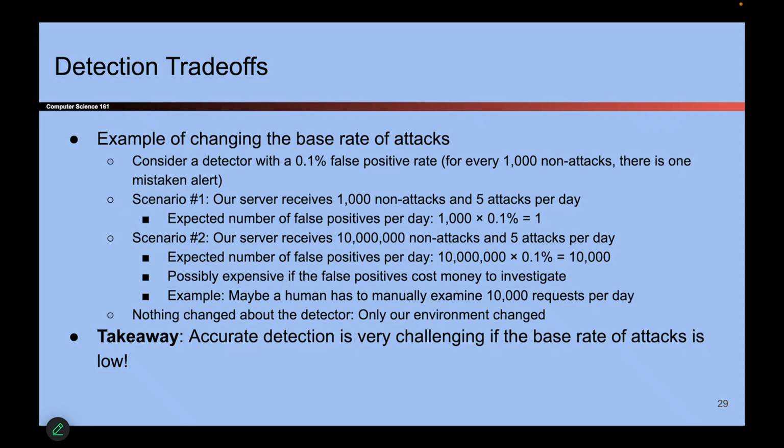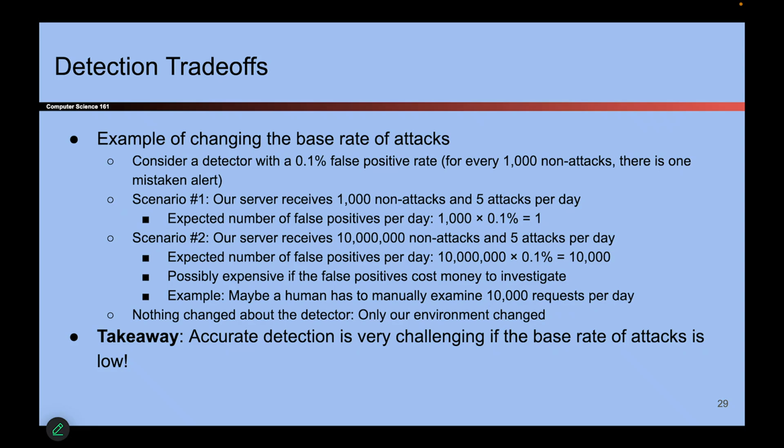A second interesting observation here is that in the second case, when you get that list of 10,005 alerts, the vast majority of them are not attacks. So this is where the base rate fallacy comes from. When you pose this problem to average people and go out on the streets and you say, you've received a list of 10,005 possible attacks.